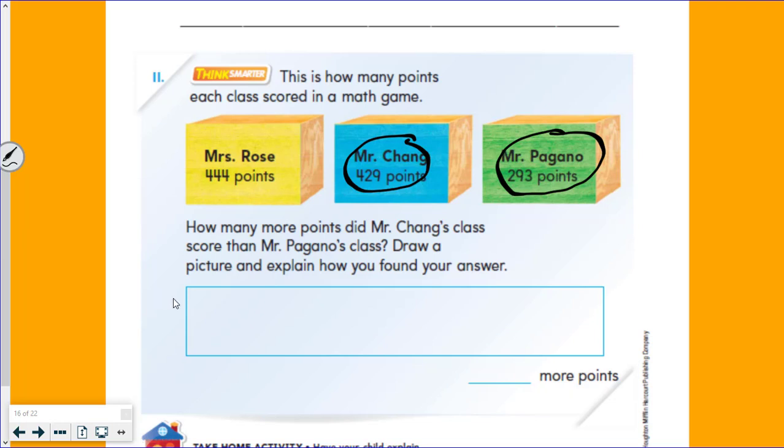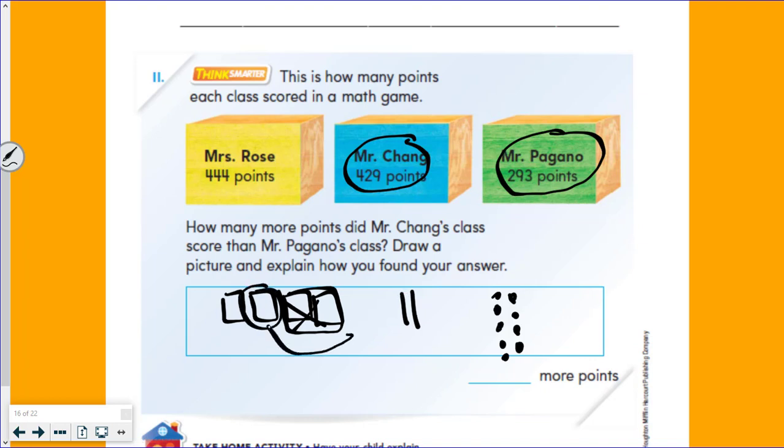All right, so if we're finding the difference, we're subtracting. So this number is bigger than that number. So I'm going to start with that. So 429, that's what I'm going to draw a picture of. 20 and then 9. Okay, so I want to take away 293. So 200. I can't take away 90, right? So I'm going to have to regroup. 1, 2, 3, 4, 5, 6, 7, 8, 9, 10.